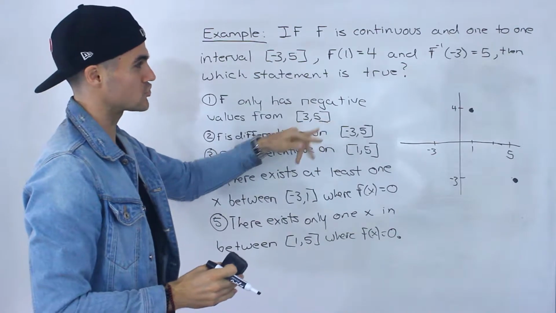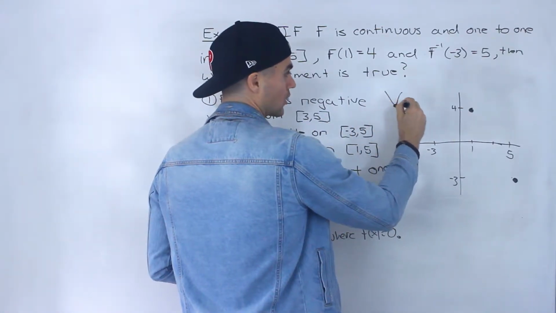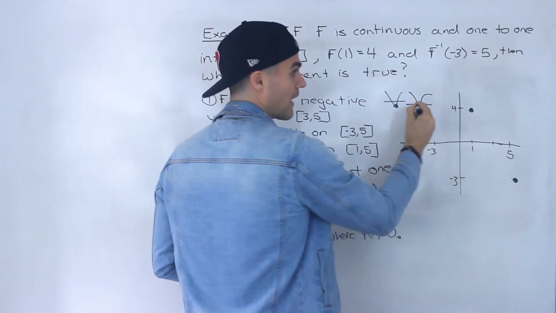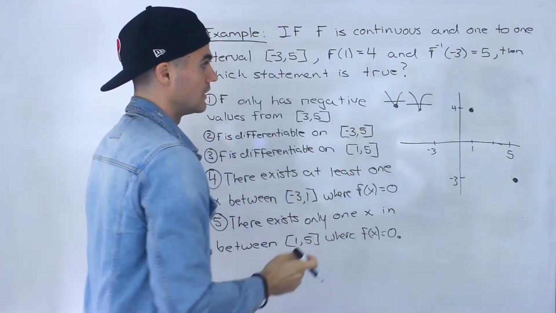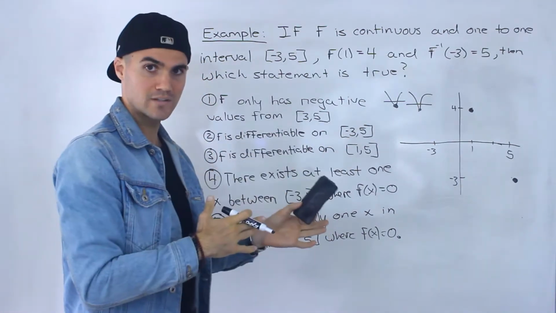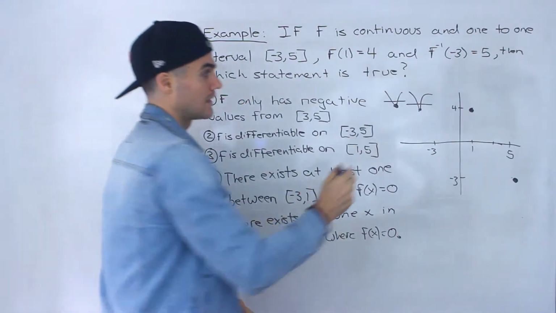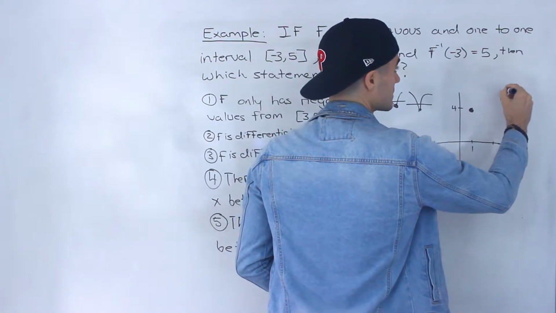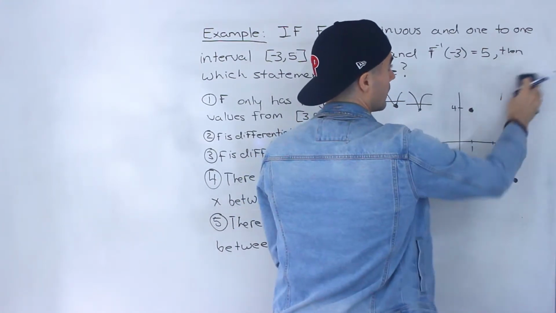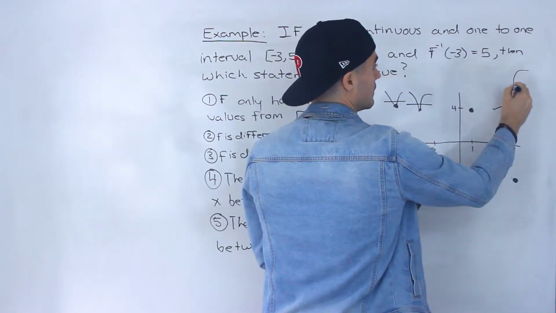So this is where it's a little tricky, because if it's one-to-one, then it can't have a corner and it can't have a cusp, because then it would fail that horizontal line test. However, one of the cases where a function can be one-to-one, continuous and non-differentiable, is if it has a vertical tangent somewhere, or a better way to show it is like that, right?